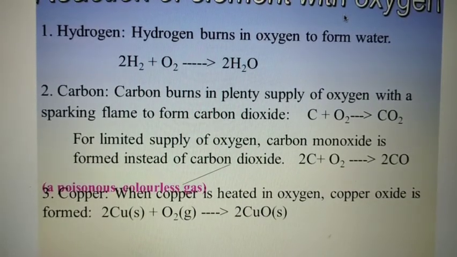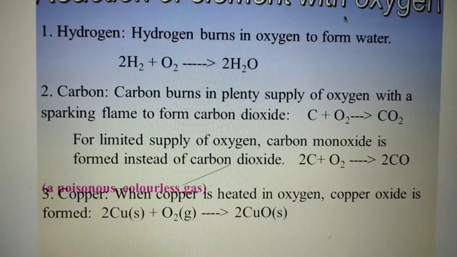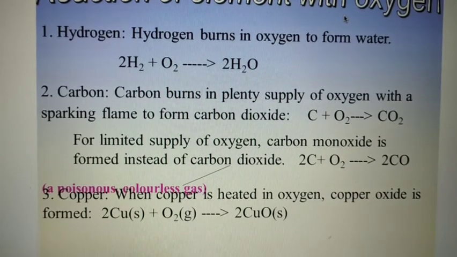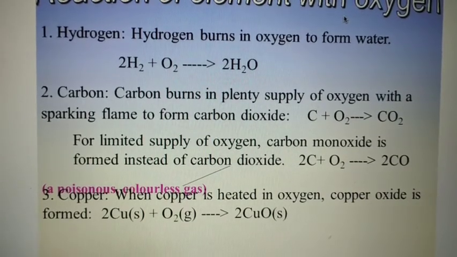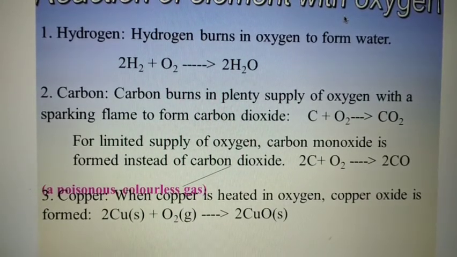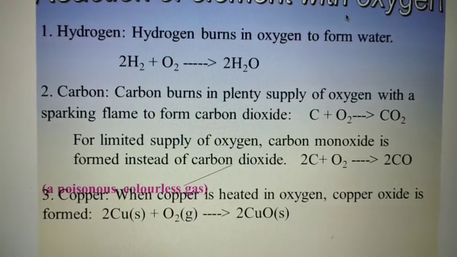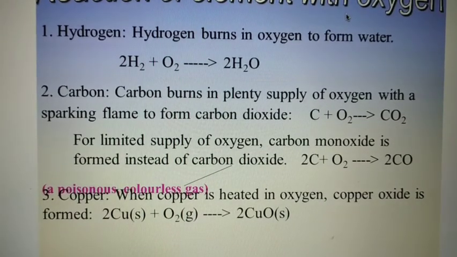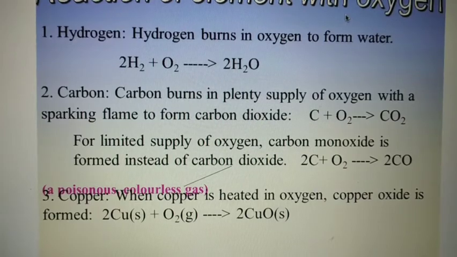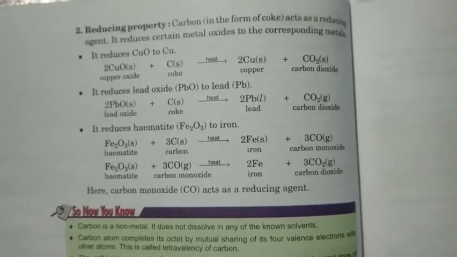That will consume, means here limited supply of oxygen is there. And hence carbon monoxide is formed. So when this carbon monoxide is formed, it is dangerous. So that is why it is suggested not to sleep in a closed room with a coal-fired place.